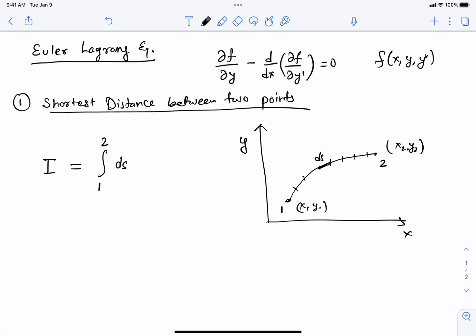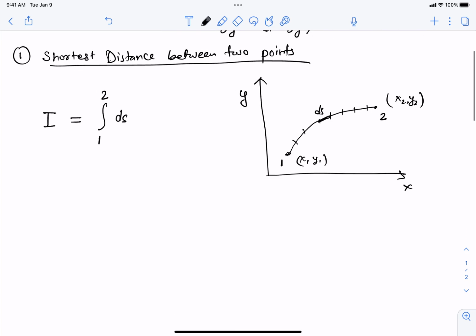So let's first find out what this integral would be. In this case, we have a small distance ds, right? So what I'm going to do now is blow this small part up and make it large.